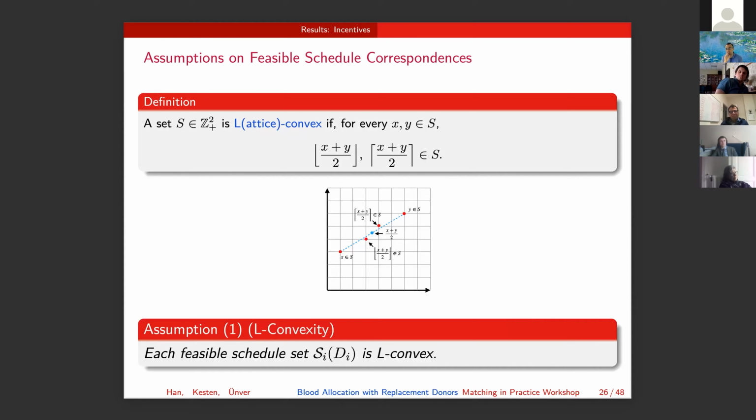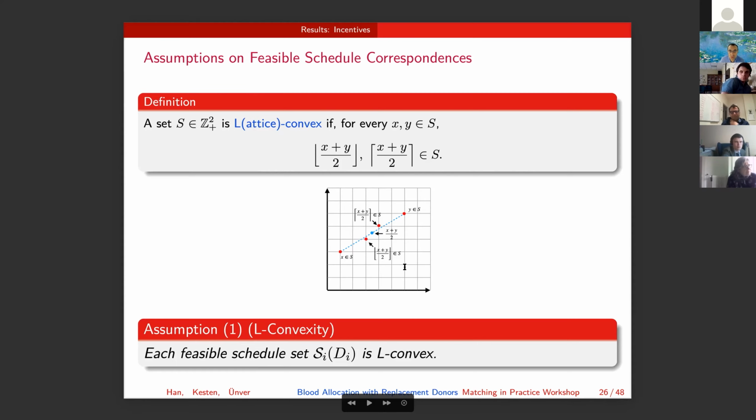So what are these assumptions I have to assume on these feasible schedule correspondences? One is convexity, but since these are discrete things, I'm going to use a convexity assumption based on discrete sets, and in particular what's called lattice convexity. So take X and Y, look at their midpoint. The integer infimum of this midpoint and the integer supremum of this midpoint should also be in this set.